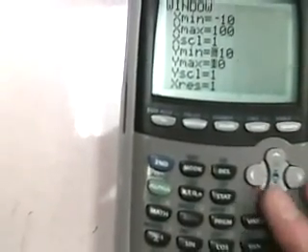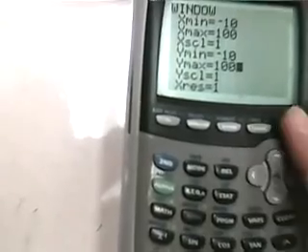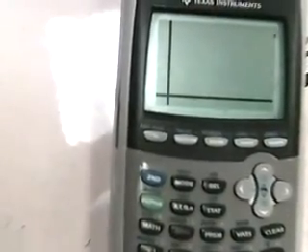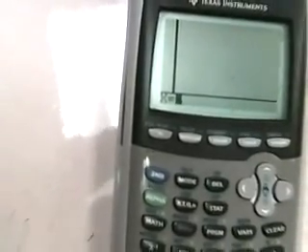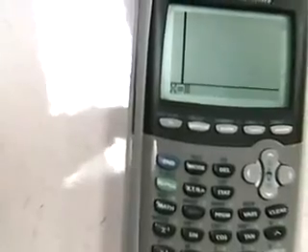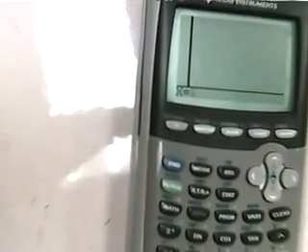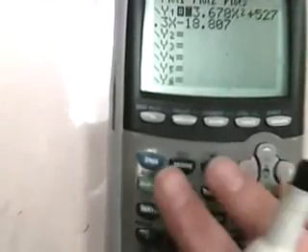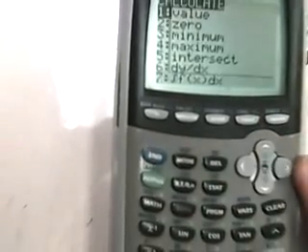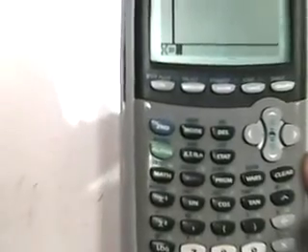Like you could change this to negative 10 and 100. Well, crud, I still can't see mine. I should be able to see that.